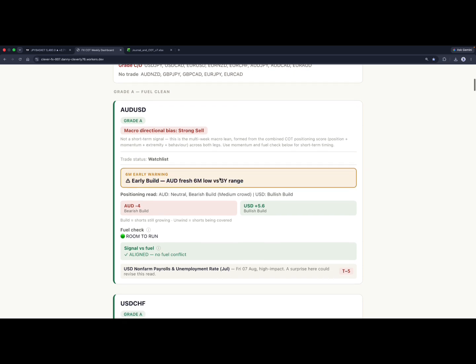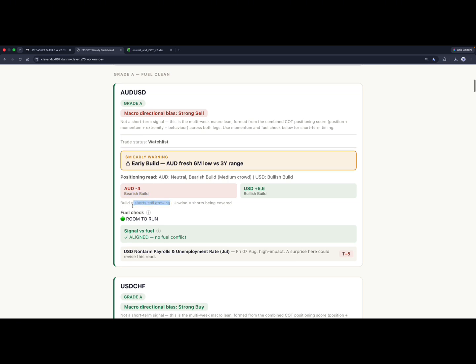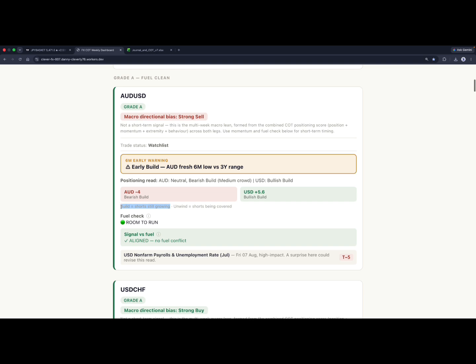The positioning read, Aussie dollar is neutral bearish build, and it says here, right here, bearish build -4. So it says build means shorts are still growing in a bearish direction, which means Aussie dollar is getting weaker, and the unwind, which is the opposite, shorts are being covered, so this will start to reverse.